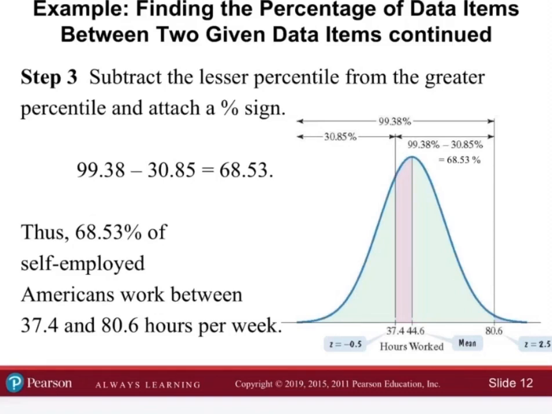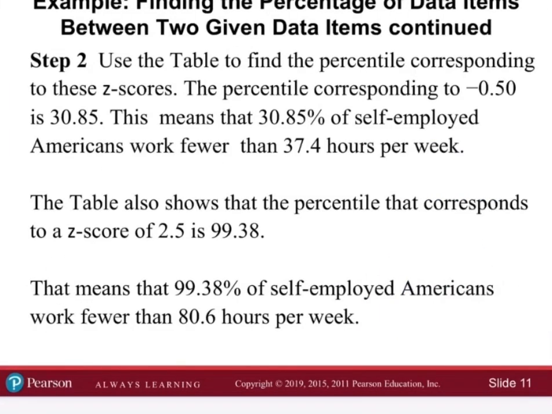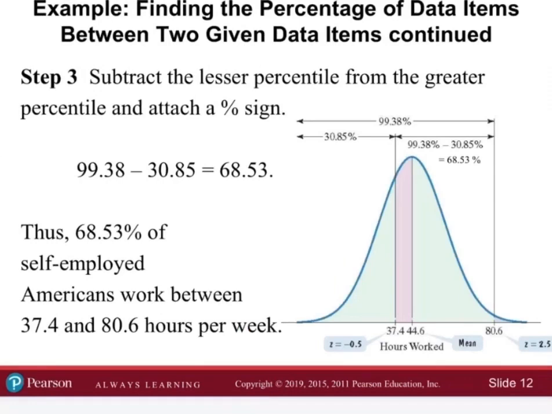So here we see our average, our mu, in the center. 68.53% of the self-employed Americans work between 37.4 and 80.6 hours per week, right? So 80.6 hours is here, 37.4 hours is here.